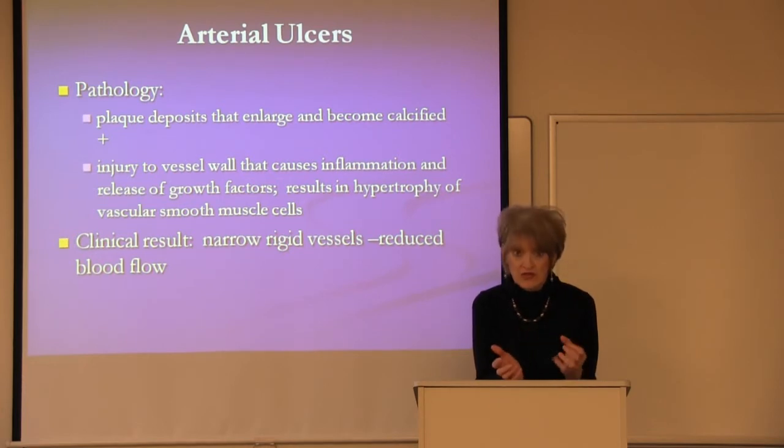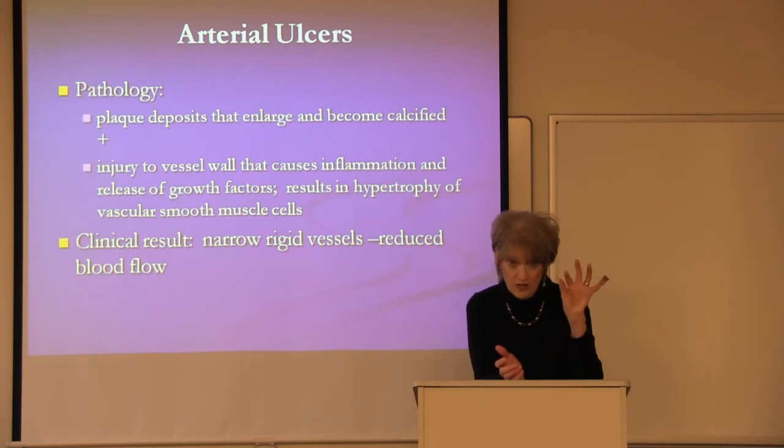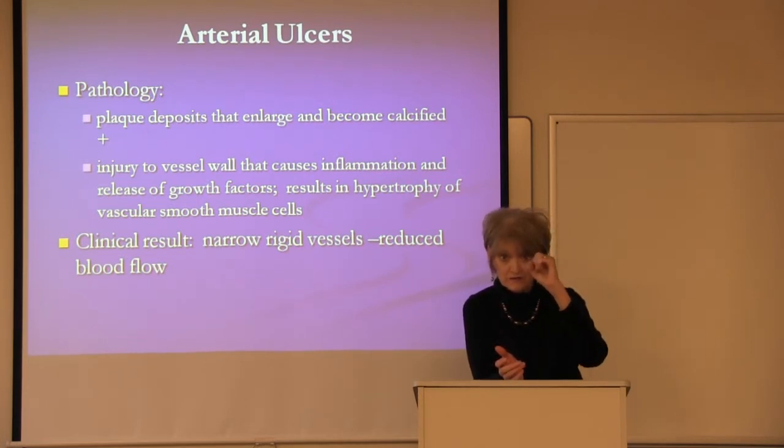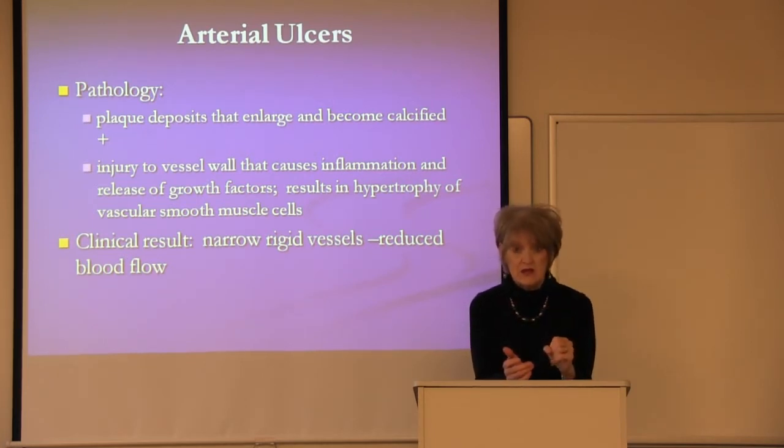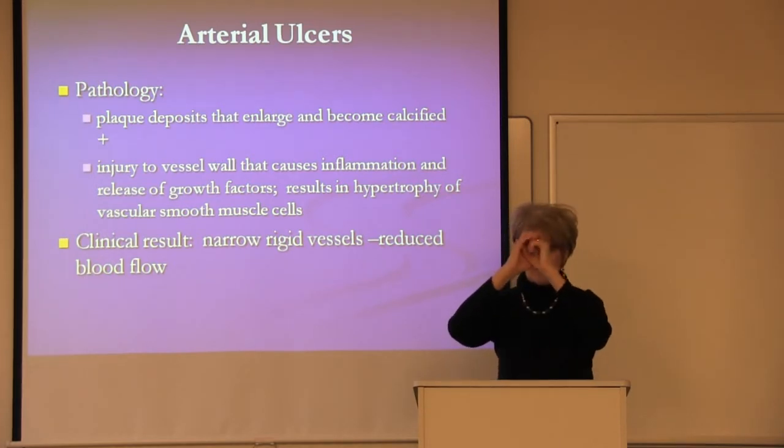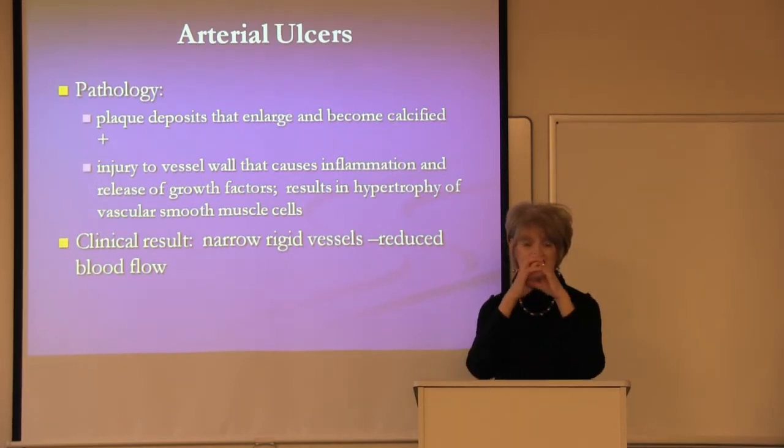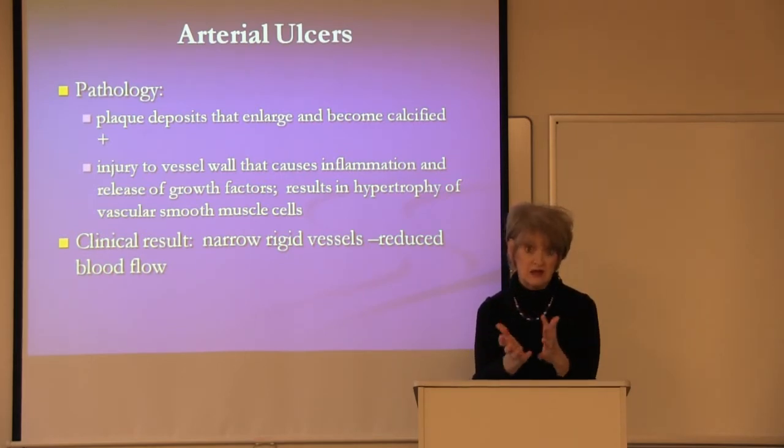That further thickens the wall of the vessel, narrows the lumen. So what you end up with is a vessel with a much narrower lumen and a stiff vessel that is unable to respond to demands for increased oxygen.